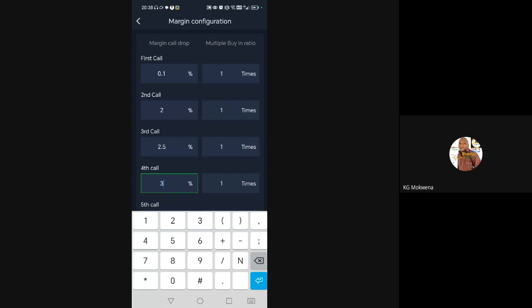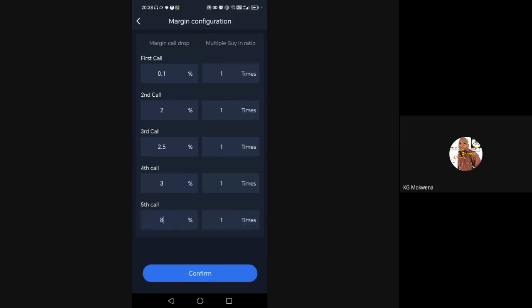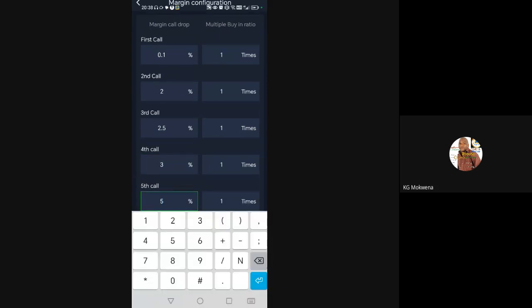And then the last call, we can just put 5% there. Those movements will be there, but the general notion of Bitcoin today is that it's bullish.